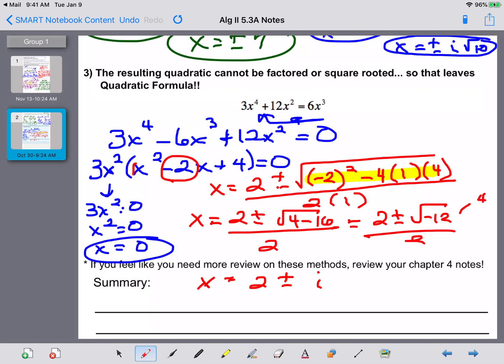The 12 we can think of as 4 times 3, and when we square root those, we get 2 root 3. So 2i root 3, all divided by a 2, which then we can simplify a little bit further and divide everything by a 2. So 2 divided by 2 would be 1, and 2i root 3 divided by 2 would be 1i root 3.